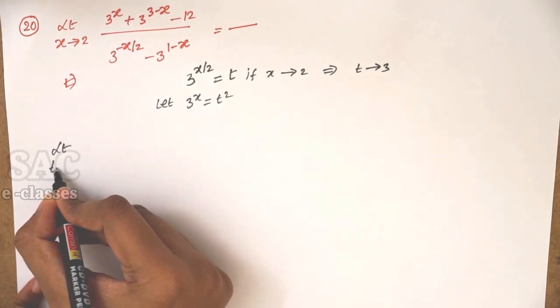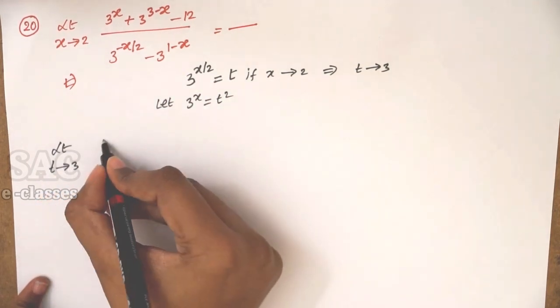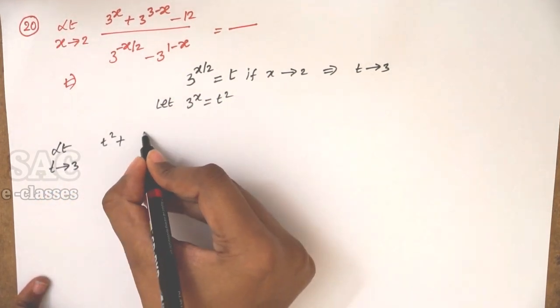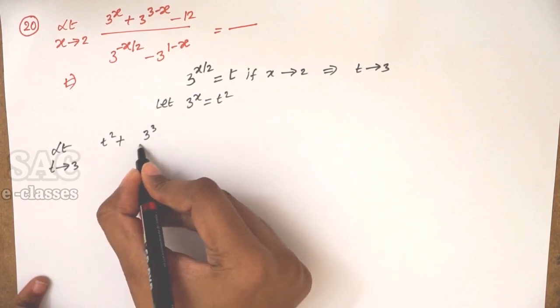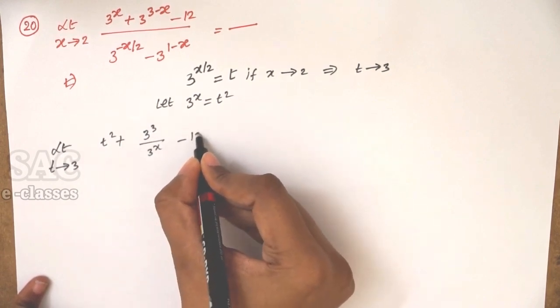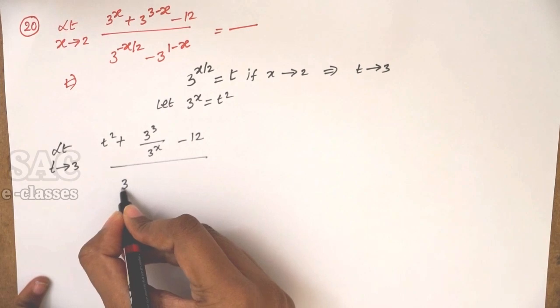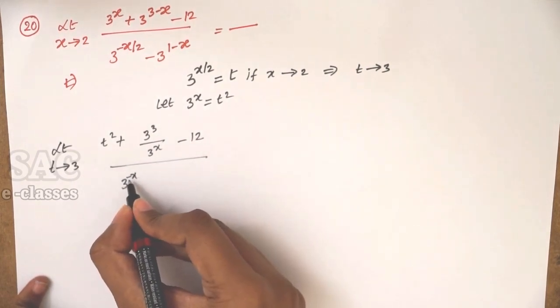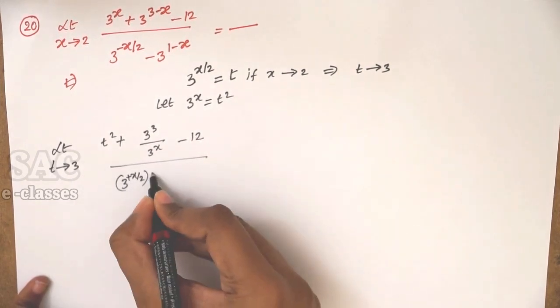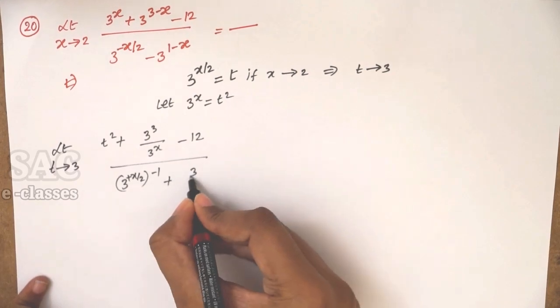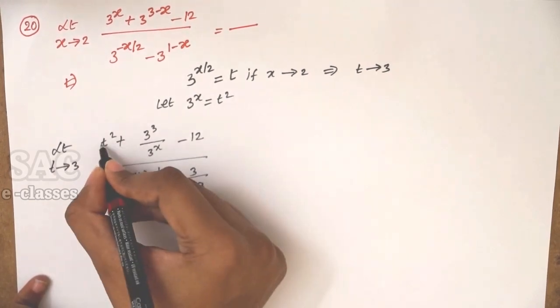Limit t tends to 3, t square plus 3 cube by 3 power x minus 12 by (3 power x by 2) whole power minus 1 plus 3 by 3 power x.